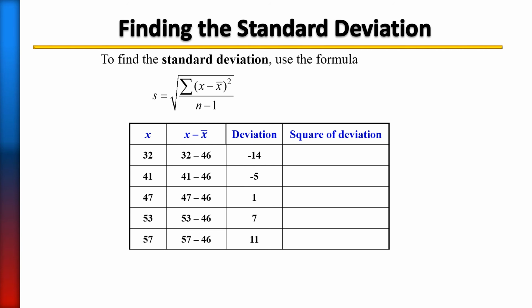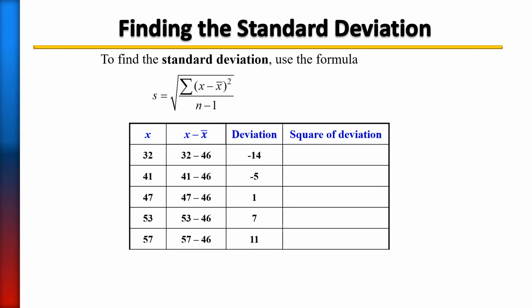Next, we are going to square that. So all of these numbers, whether negative or positive, when you square it, it's going to produce a positive.